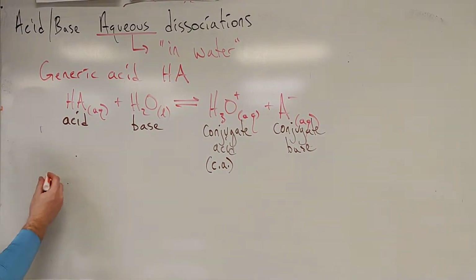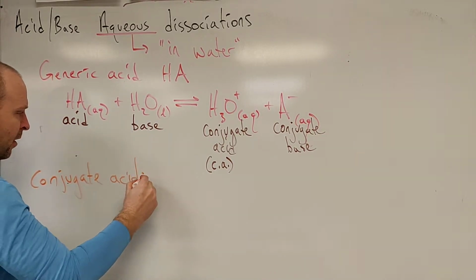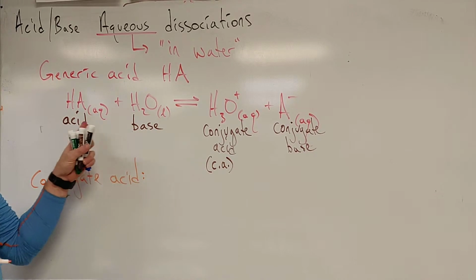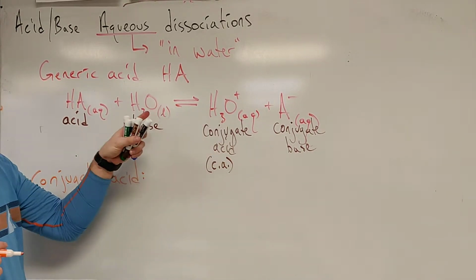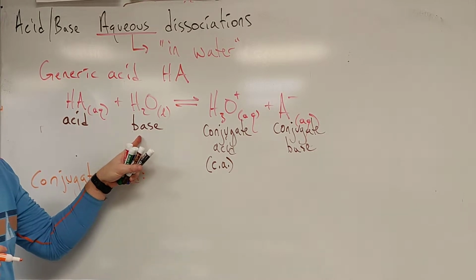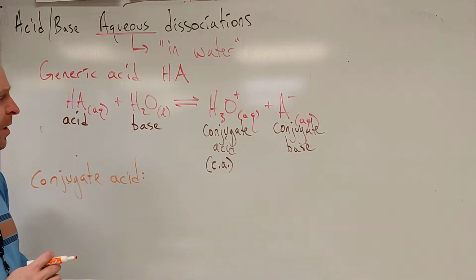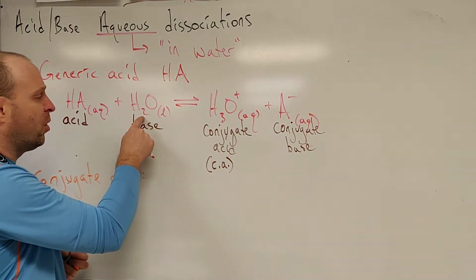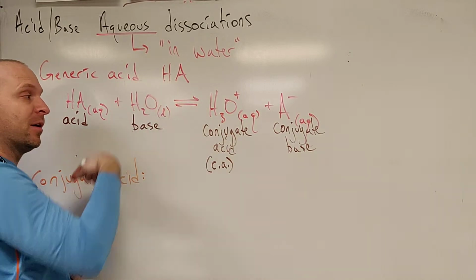So, first up, to define our conjugate acid. It's an acid, right? But it's an acid that formed when a base accepted a proton. This came from here, this was a base, it accepted a proton, and it became an acid. And I think in the big picture it kind of makes sense, because H2O gained a proton, right? So now it has a proton that it can give away, okay?